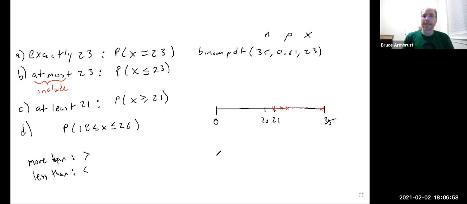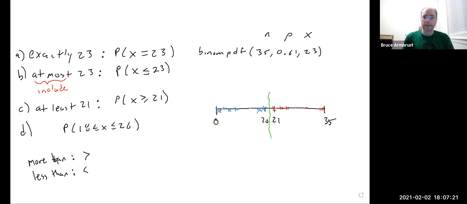Now, the thing about CDF is that it goes from 0 up to a number. So let's think about 0, 1, 2, 3, all the way up to 20, because those are the ones I want to get rid of. Those are basically the ones I don't want.